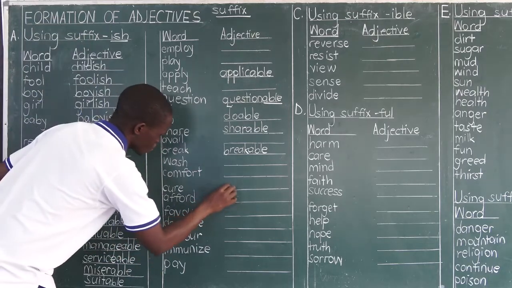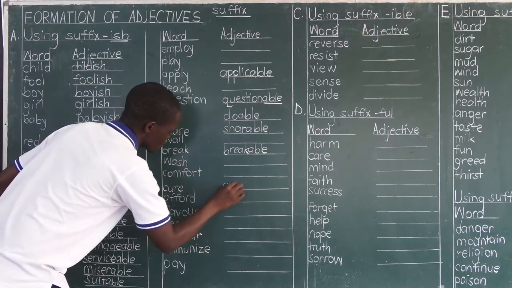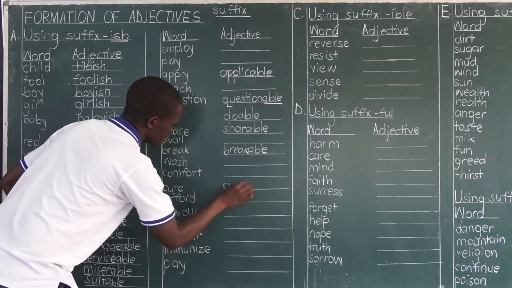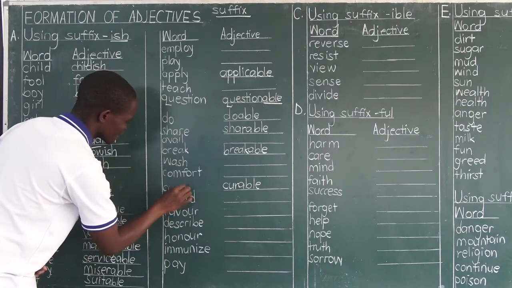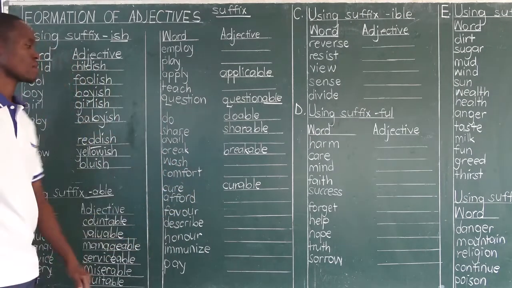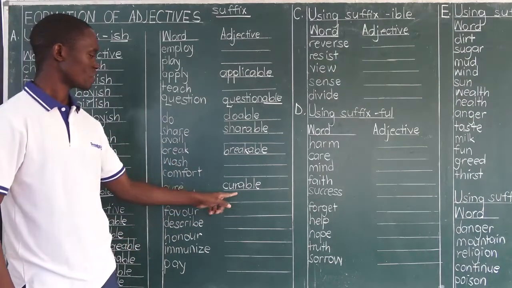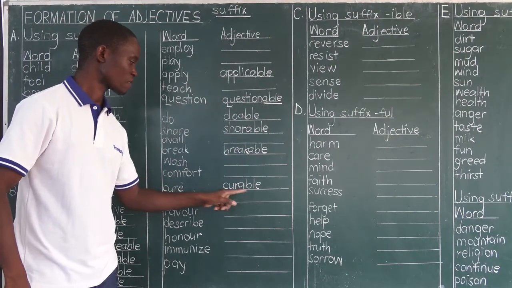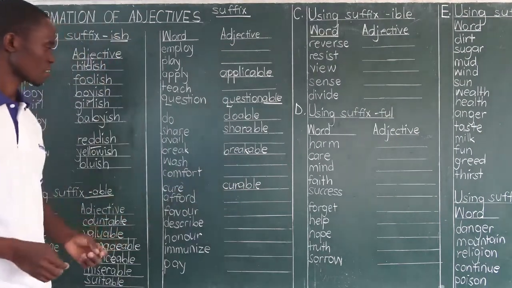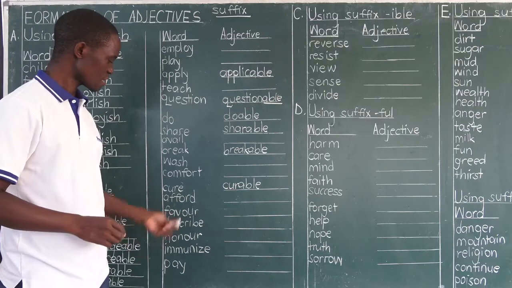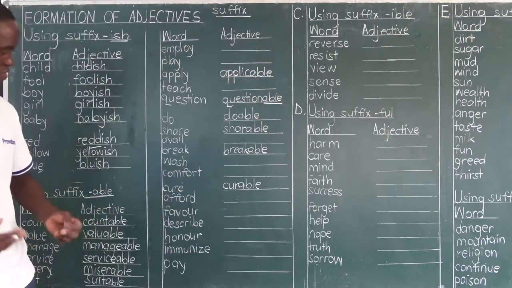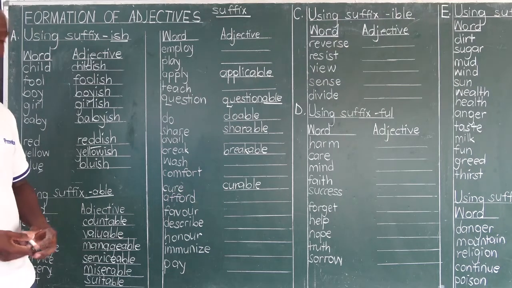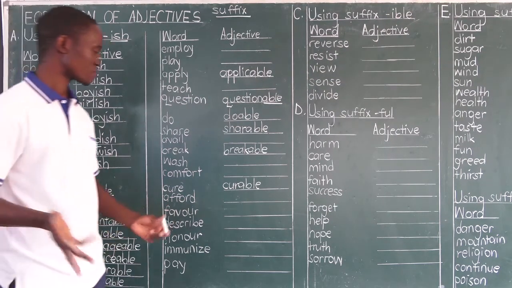So you have curable, C-U-R plus able, curable. Curable throws away the last E, that is after R. So from R, you go straight to our suffix, which is able. Afford is very easy to change to an adjective, because it simply becomes affordable.